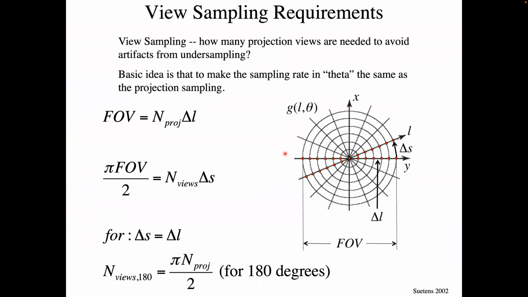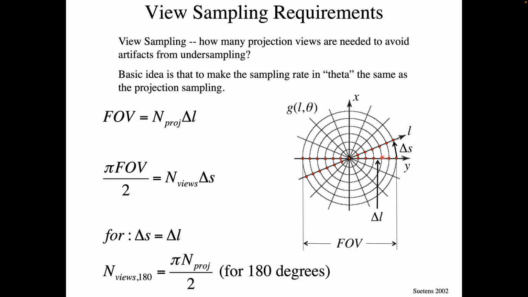And the diagram that we'll use to look at that is here. So this is in the spatial domain, X and Y. If this is a field of view, okay, we just looked at one. And I have my L direction here, and my detectors are separated by delta L in space. And we want to match that sampling rate. So it defines a sort of Nyquist sampling rate.